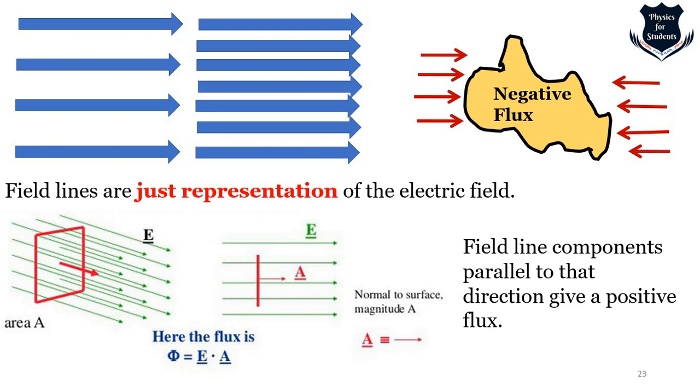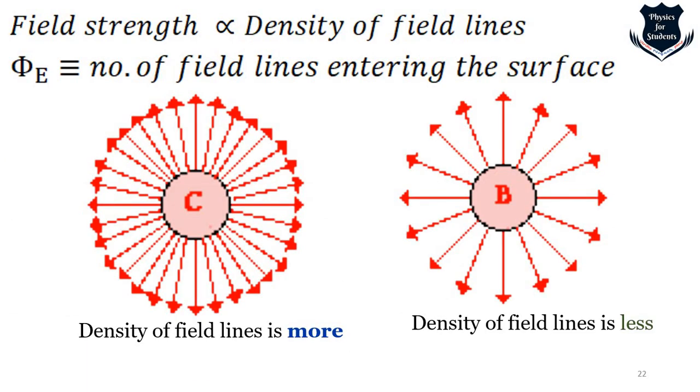You see the spacing on the left hand side, blue, is less and it is more at that location. More specifically, the electric field strength can be considered proportional to the density of field lines in a plane, which I have shown, penetrating the surface, and that is exactly what the expression of the electric flux gives. You can go back and see that this is the equation of the flux.